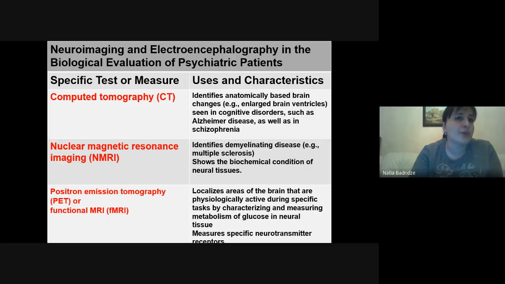So by measuring the levels of glucose, we can identify how active the neural tissue is. And also the PET scan and fMRI measure the specific neurotransmitter receptors. So it is also very informative for psychiatry practice and behavioral science, because when we measure the condition of the specific neurotransmitter receptors, we can identify and predict the different mental disorders.